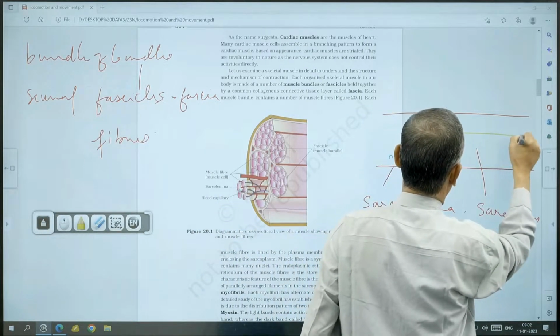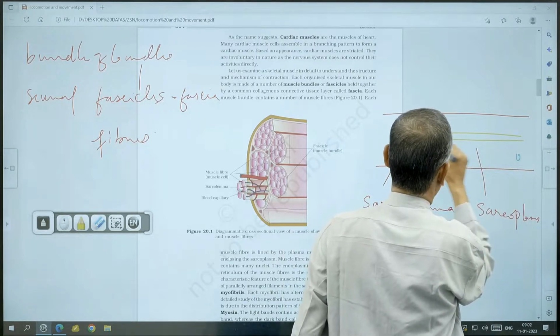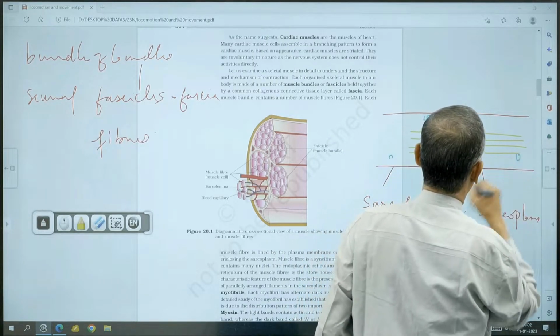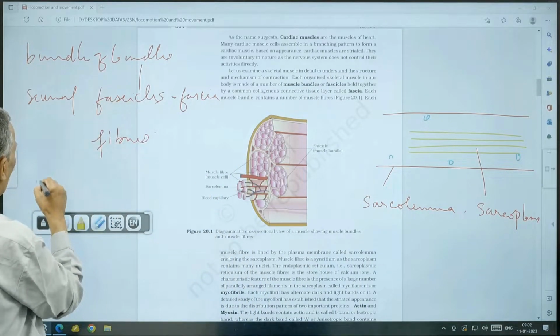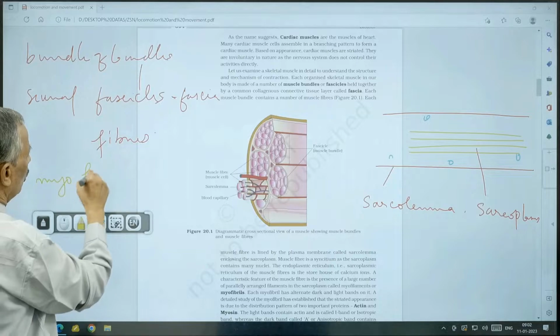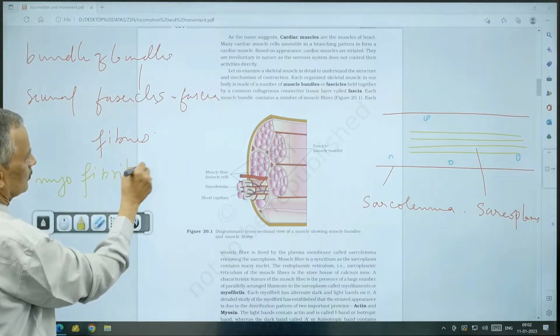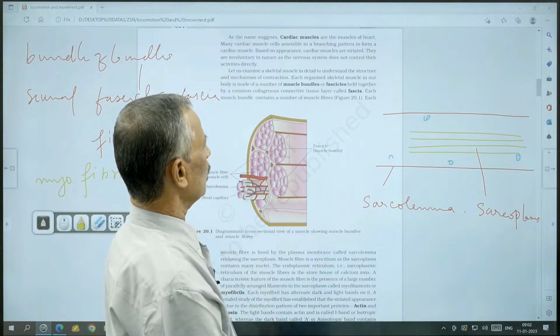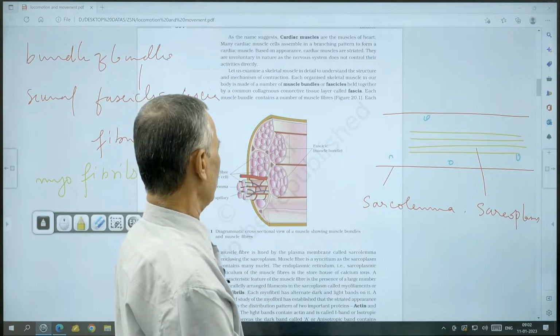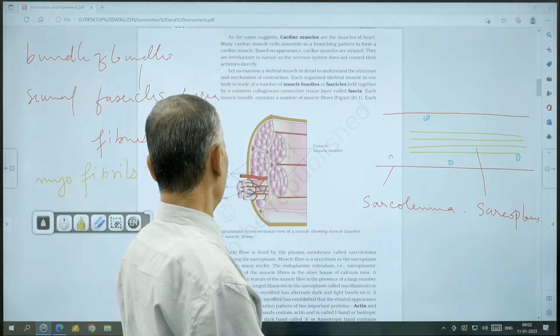parallelly arranged, elongated bundles of structures, they are called myofibrils. They are also called myofilaments or myofibrils.